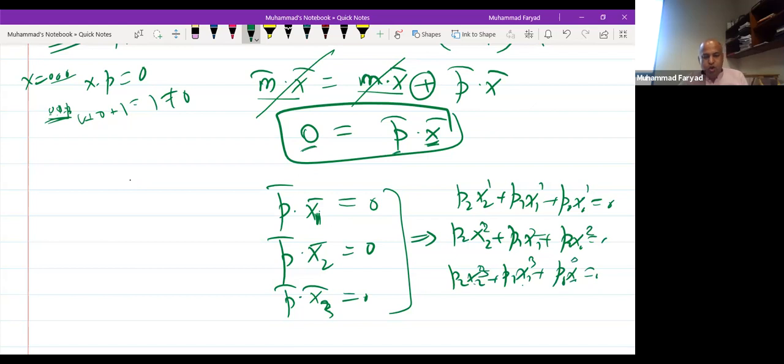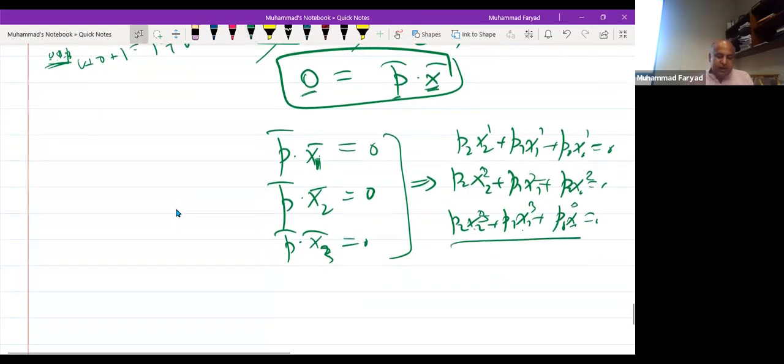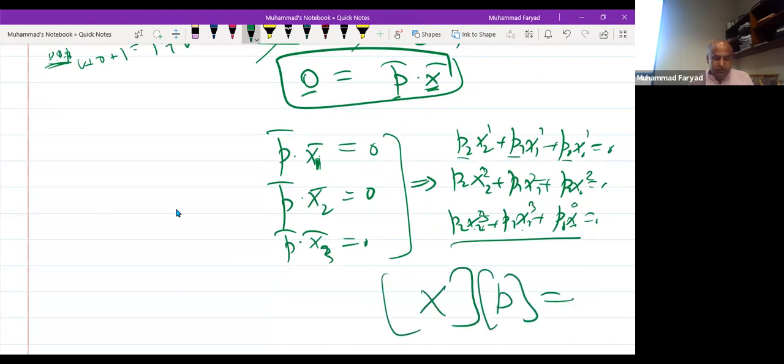So we will have to solve this matrix, because these x's are going to be known by looking at the histogram, and we have to find p2, p1, p0. So basically, we have to solve this matrix using some techniques to find this bit string p.